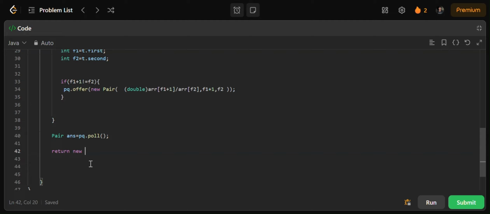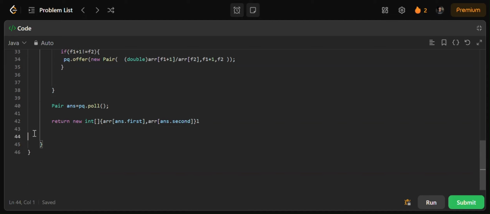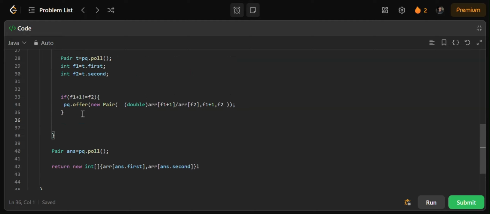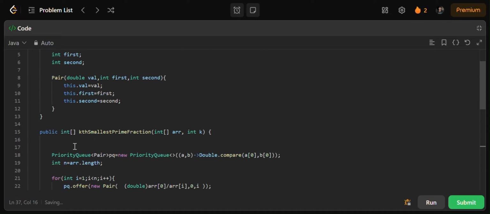So we will return ARR of answer dot first, comma ARR of answer dot second, because we know the first index and second index values from the answer. So we just return the answer. And for that, every time we have to reduce the value of k.